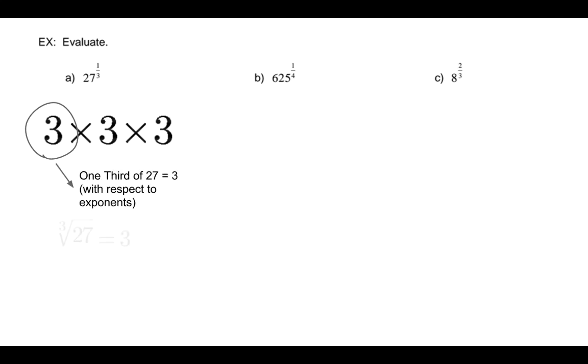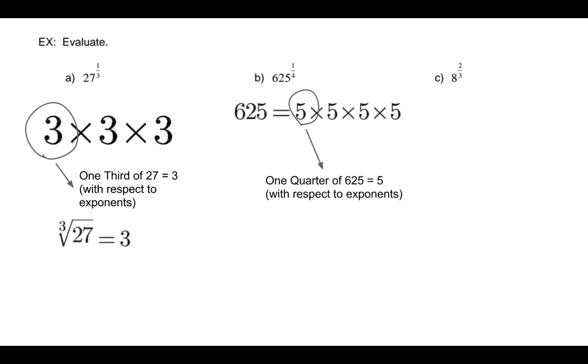So 1/3 of 27 is 3, and we also can write this as the cube root of 27, which is 3. 625 into 4 parts would be 5 times 5 times 5 times 5. If we just wanted one of those, it would just be 5. So a quarter of 625 is 5. We can also say the 4th root of 625 is 5.